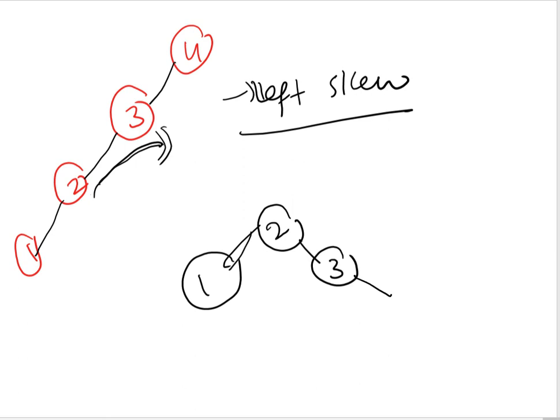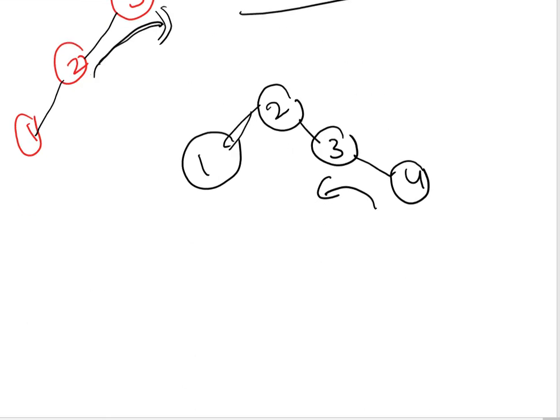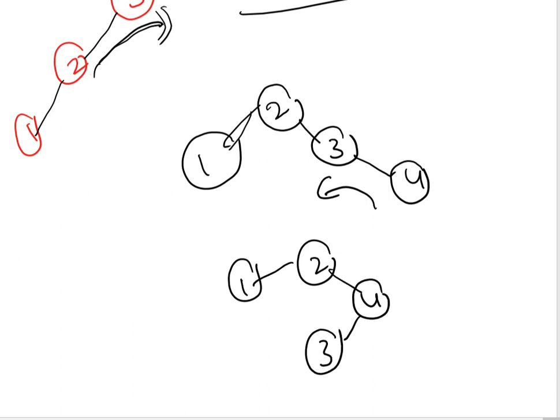So what will we get in the tree? 4. Now what am I doing? I am rotating 4, this one, like this to the left. So 1, 2, 4, 3. So I can perform a right left rotation.